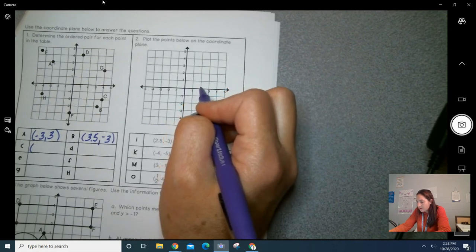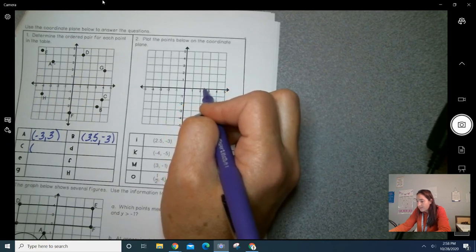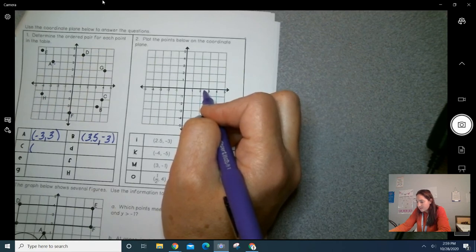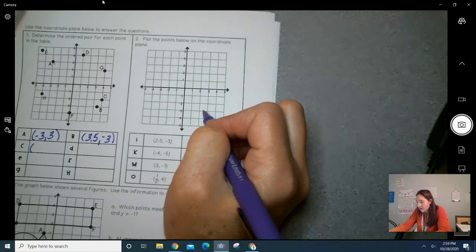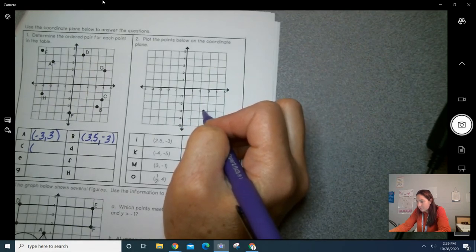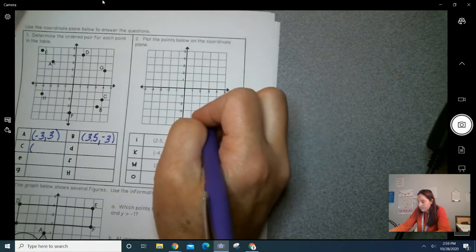So I'm going to go 1, 2, and then a half. Then I have to move the vertical distance before I put my point. So I don't put my point right there. I also have to go -3 on the y-axis. So I go down to -3 on my y-axis, and that's where I put my point for I.